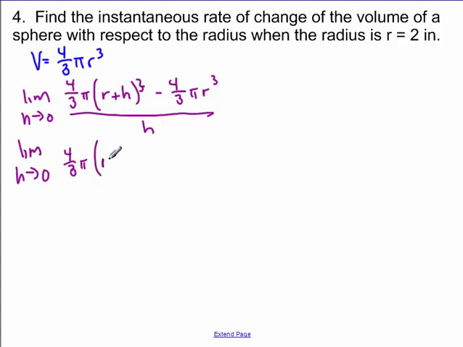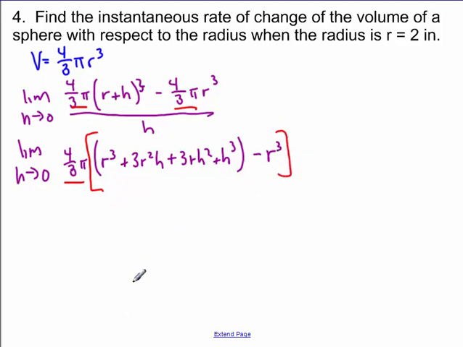Foiling that out. Since both terms have a 4/3 in them, I'm going to factor that out and put another bracket in here so that I have just an r cubed here at the end. So I factored out that 4/3, just to make my life a little bit easier.